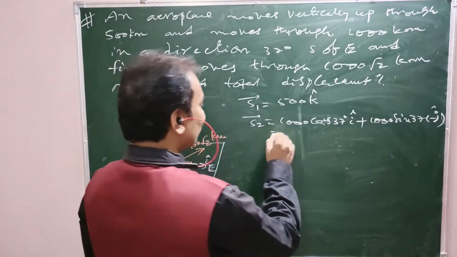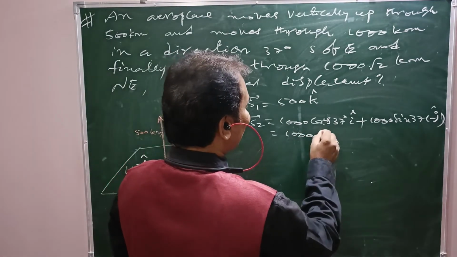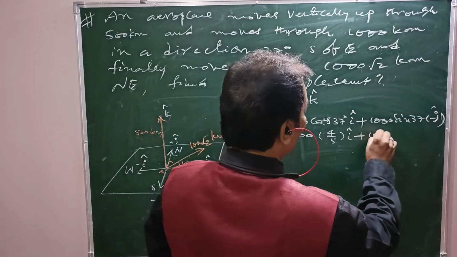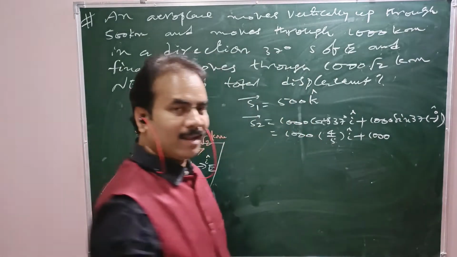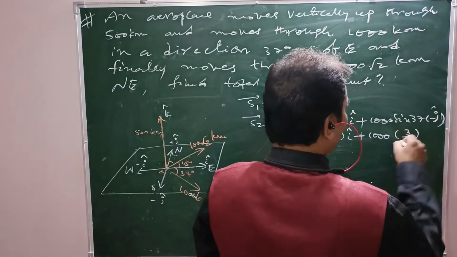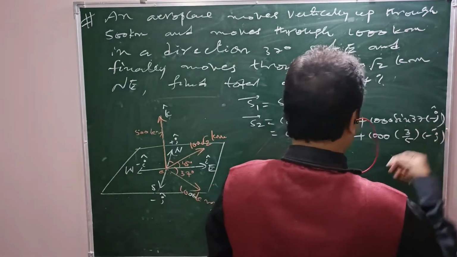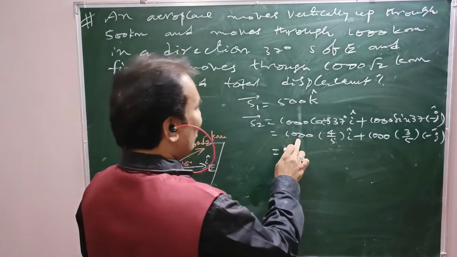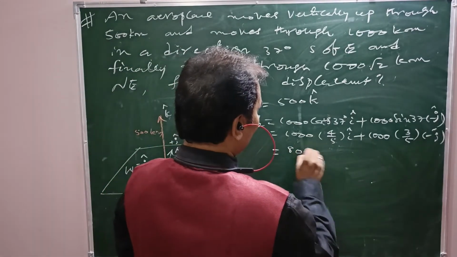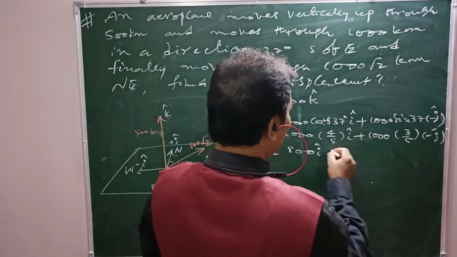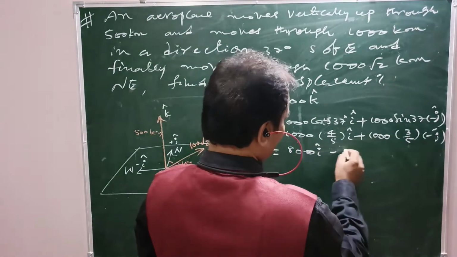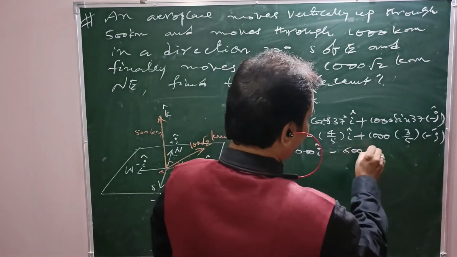On evaluating, 1000 into cos 37, that is 4 by 5, into i cap, plus 1000 into sin 37, that is 3 by 5, into minus j cap. That is 200 times 4, which is 800 i cap, minus 200 times 3, which is 600 j cap. Right.